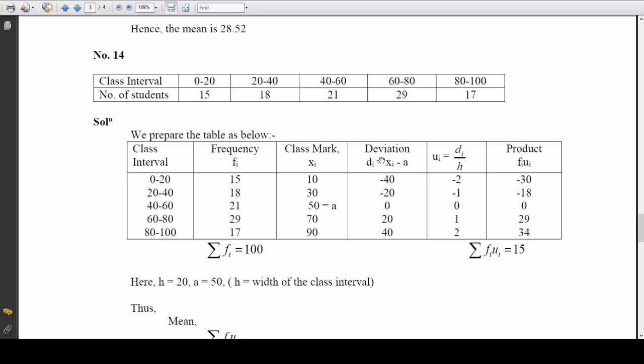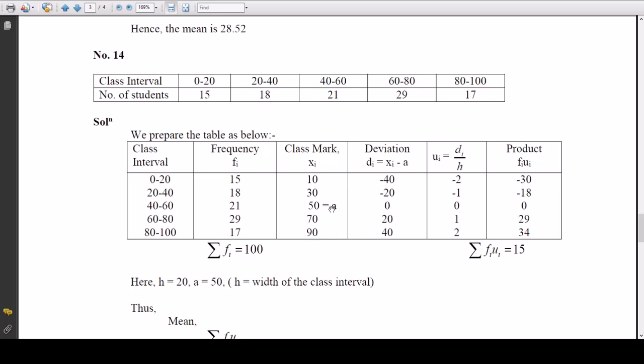Now deviation, what will be deviation? You assume the mean of this class mark that we have got here. You can take any value to be the assumed mean, and usually you should take the middle one.